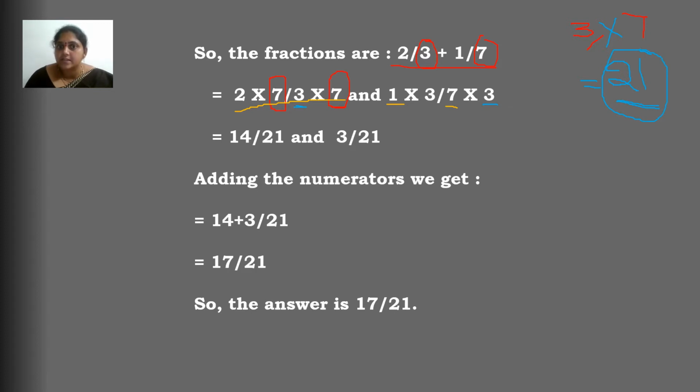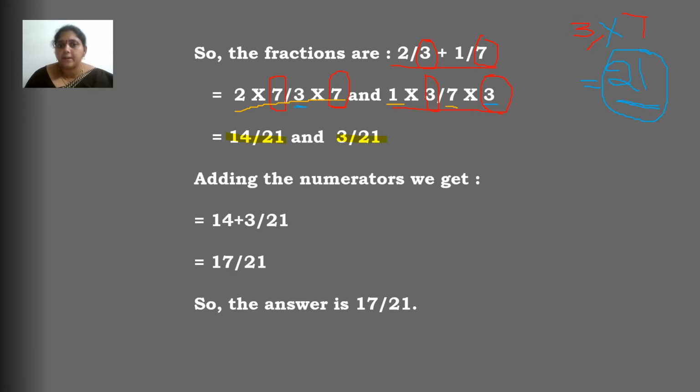Okay, 7 3s are 21. Here you are multiplying the number 3. Same number 3 should be multiplied for your numerator. So what will be your fractions now? 5 into 3 by 7 into 3. When you are multiplying this, what are the fractions you are getting? That is 14 by 21 and 15 by 21.